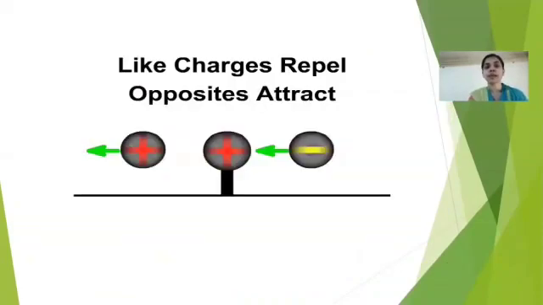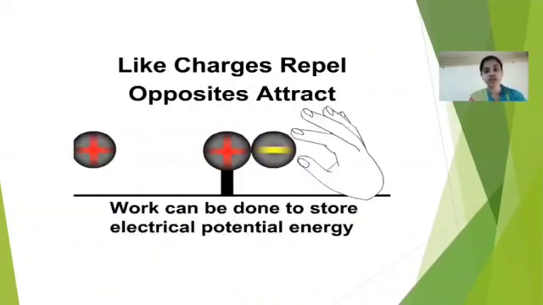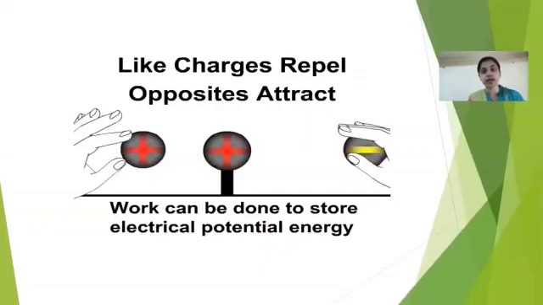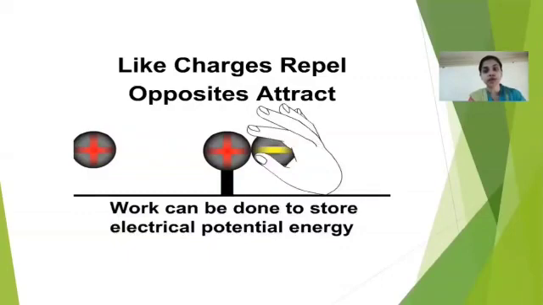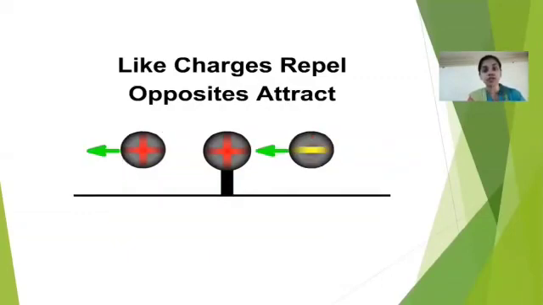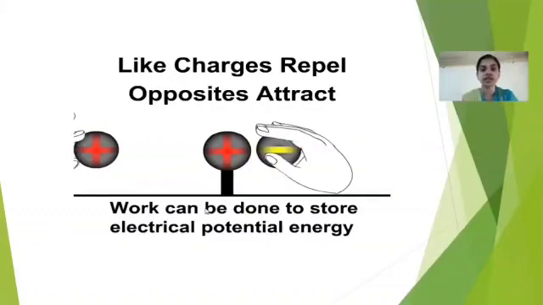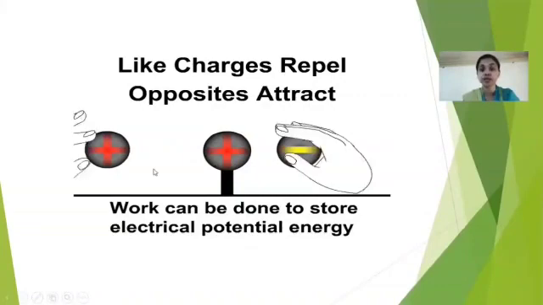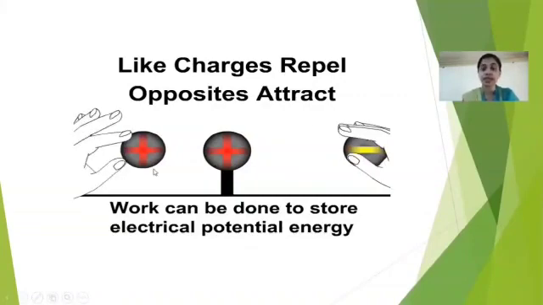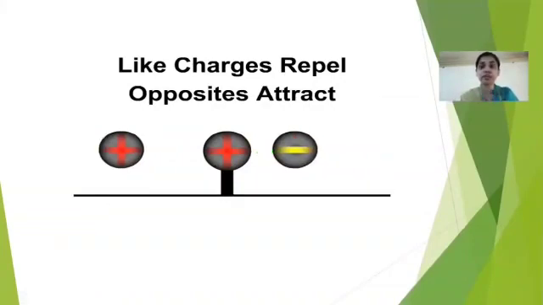Like the magnet, the charges are also there. We learned that the magnet has two poles, north pole and south pole. So we always know that like poles repel each other. Here also like charges repel each other. Means positive charges repel each other. Similarly, negative charges repel each other.